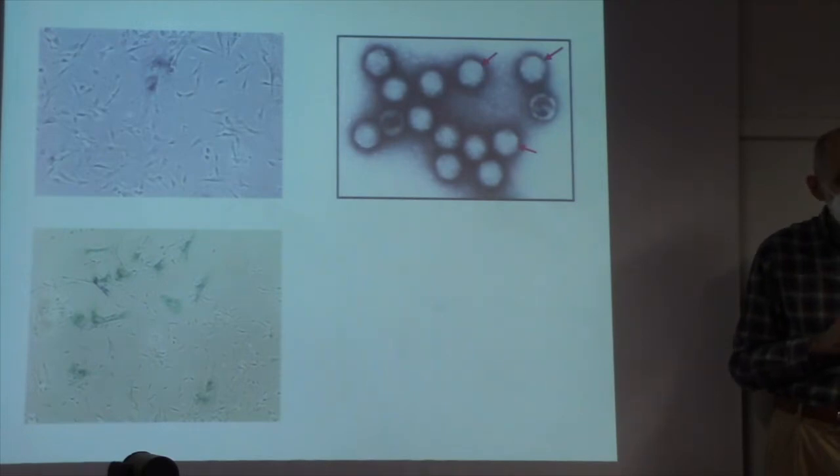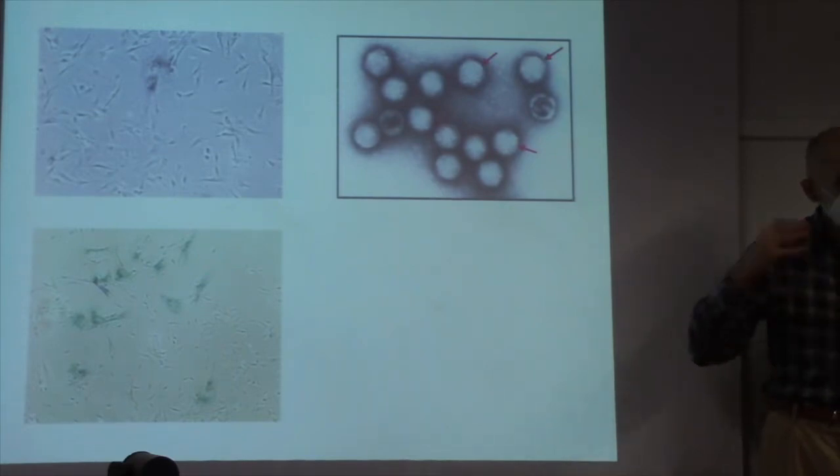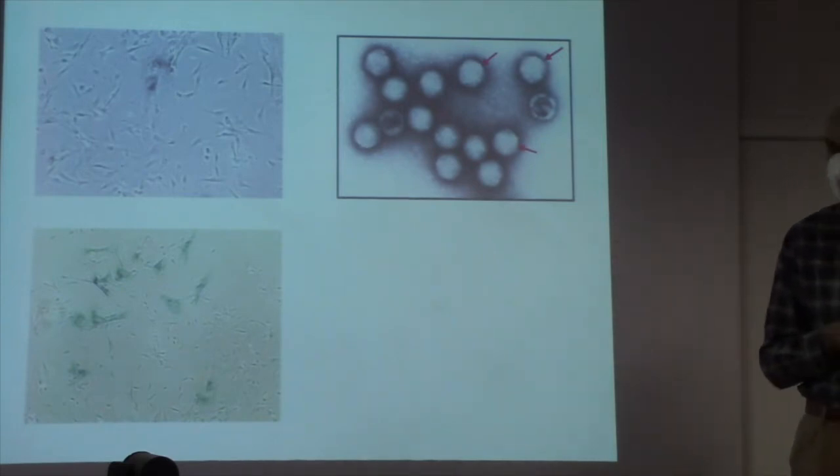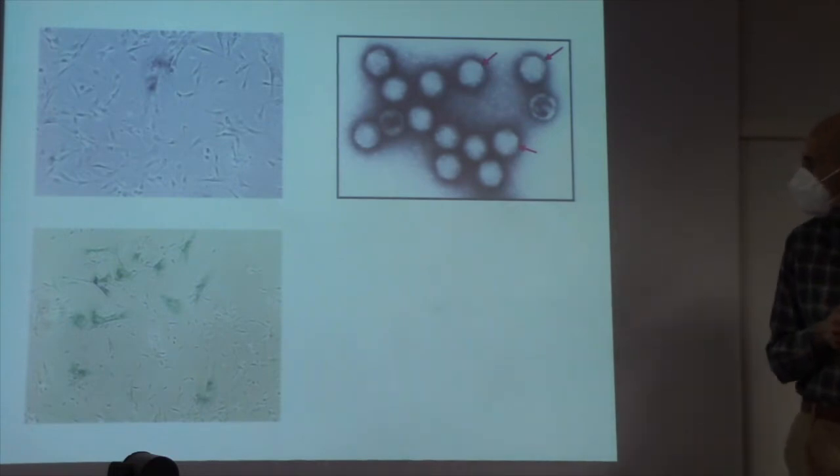The cell produces from 100 to 1,000 pseudovirions. So it's a very inefficient process. The inefficiency is overcome simply by the huge amount of viral proteins that eventually assemble a sufficient number of viruses for the propagation of the virus itself.